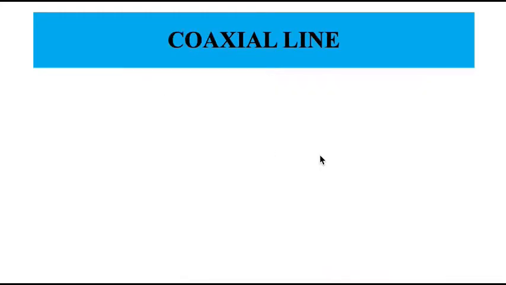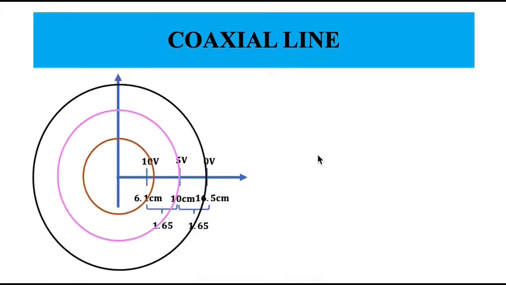Now if I ask you about the same coaxial line problem, where our outer conductor at 16.5 centimeters has a potential of 0 volt by grounding that coaxial cable, but the center conductor potential is now 20,000 volts, about 1000 times higher than what I have shown in the problem.